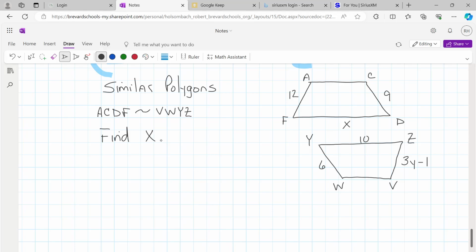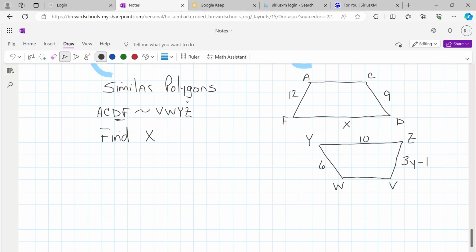All right, we've got to find the value of x first of all. So x represents side DF. The first thing we want to do is look at these shapes and these similarity statements, because we're going to write a proportion.